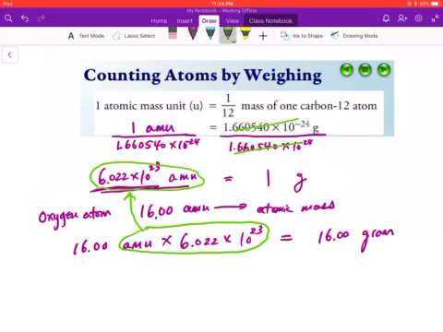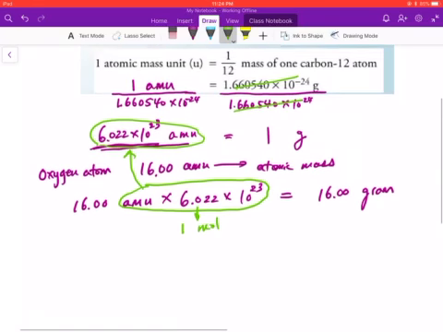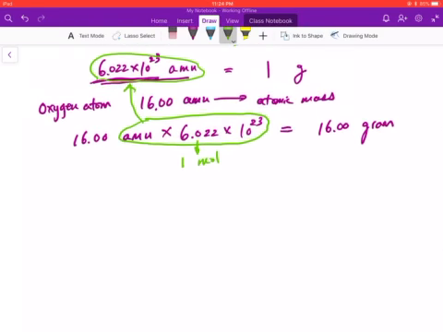And what is this many? This many is given a name: 1 mole. So what did we get out of this?